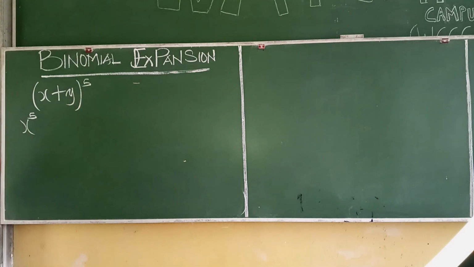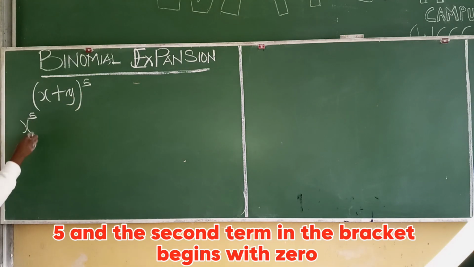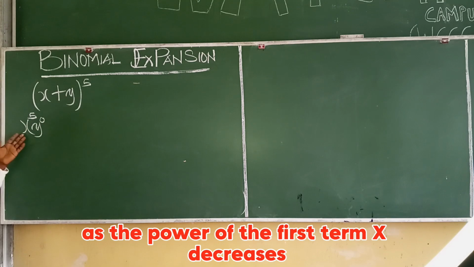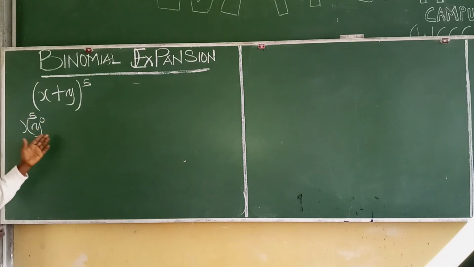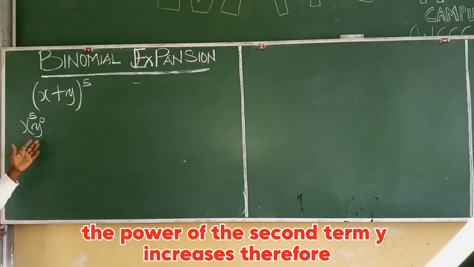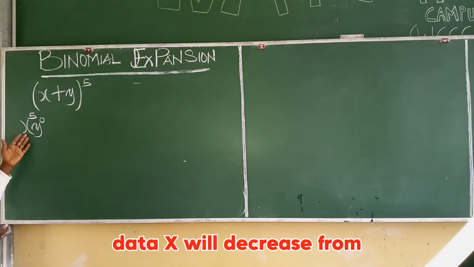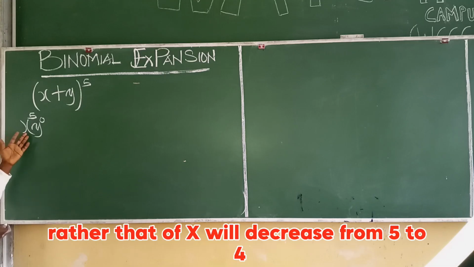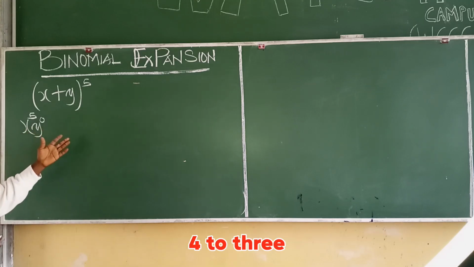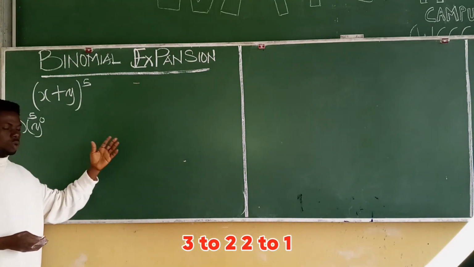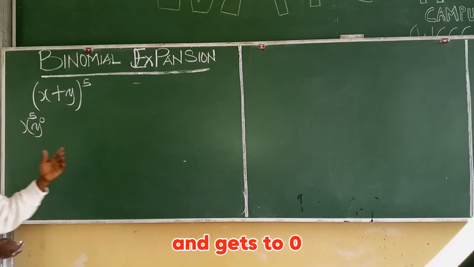Therefore, x to the power of 5, and the second term begins with 0. As the power of the first term, x, decreases, the power of the second term, y, increases. Therefore, that of x will decrease from 5 to 4, 4 to 3, 3 to 2, 2 to 1, and gets to 0.